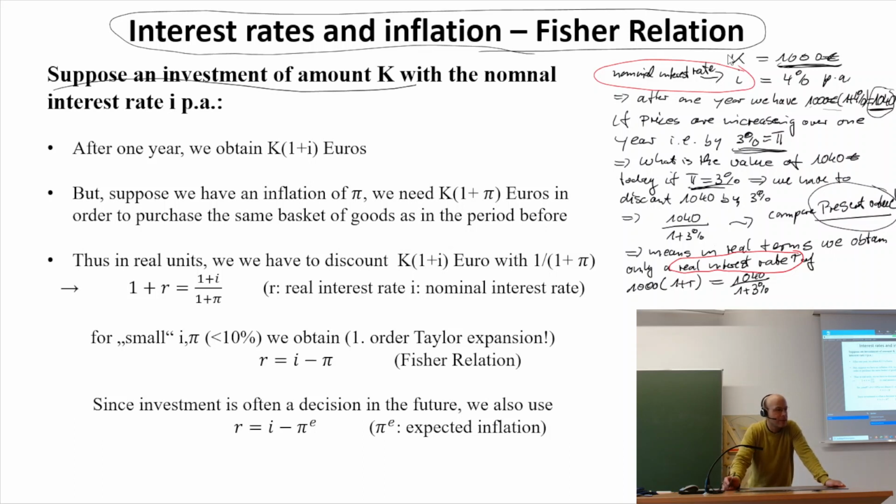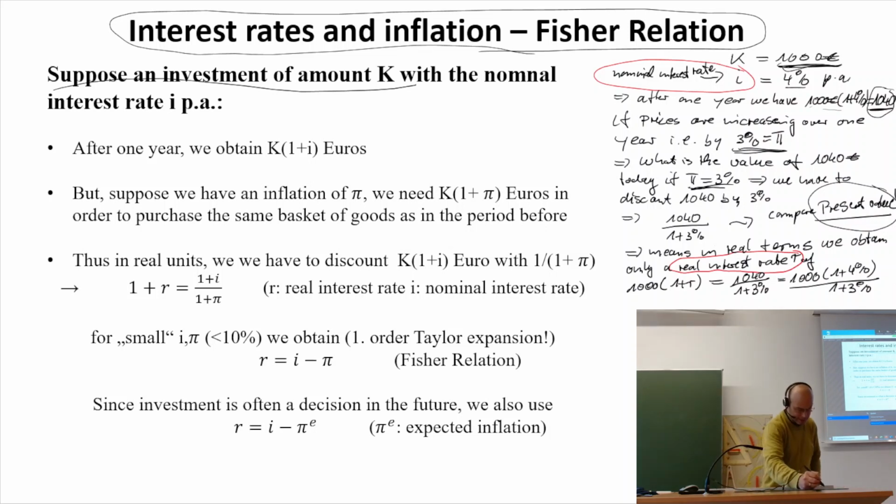Well, this is now the special case where I assumed 4% and 1,000, but this is a general dependence, since I can rewrite my 1040 as just 1000 times 1 plus 4% over 1 plus 3%.